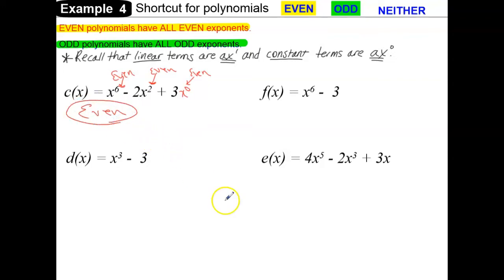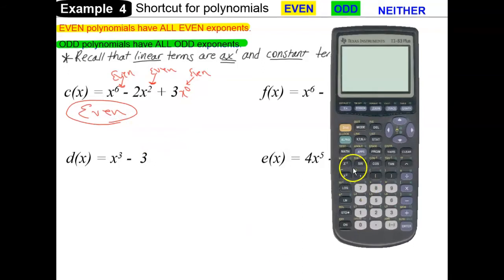Okay, if we were to look at the graph of that function, we'll bring up the calculator, clear these out from before, and type in x to the 6th minus 2x to the 2nd power, and then plus that constant 3, and zoom 6, and then we'll let the graph come up.